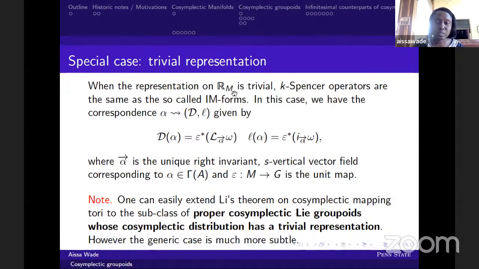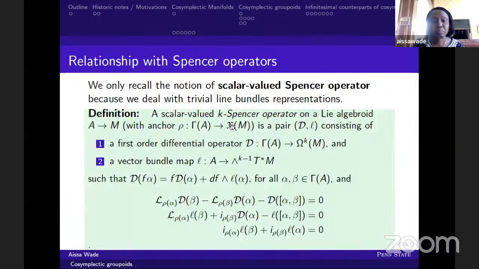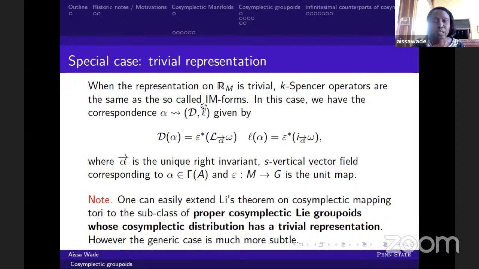So of course, when I say the representation is trivial, this means that I start with my distribution here, and I have E equal R^m. Then my omega-2 form. To say that this is multiplicative, when I have a trivial representation, is the same as to say that I have what we call the IM form.